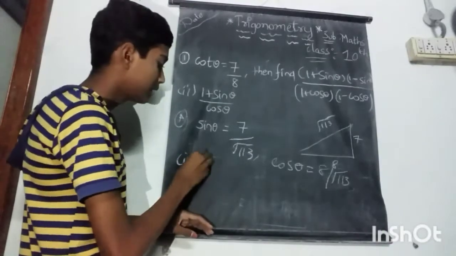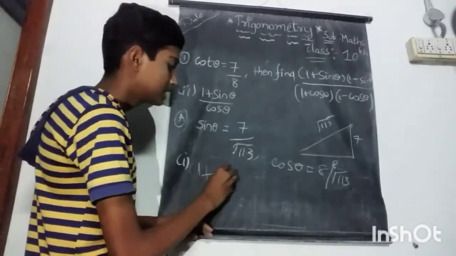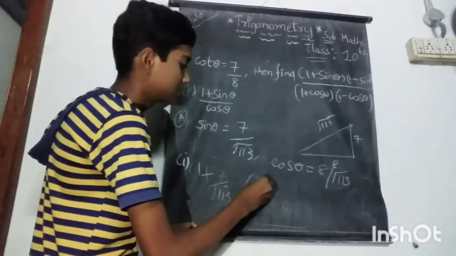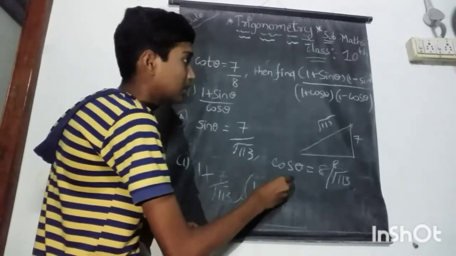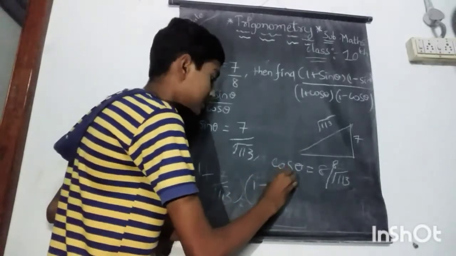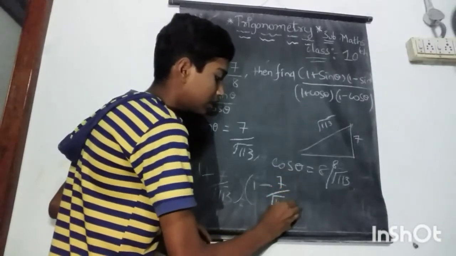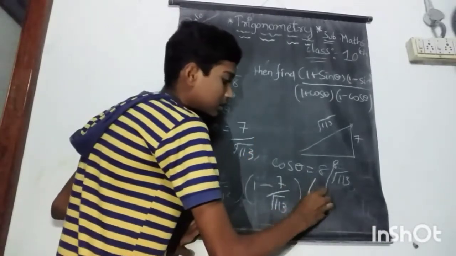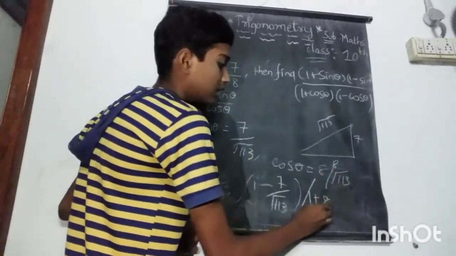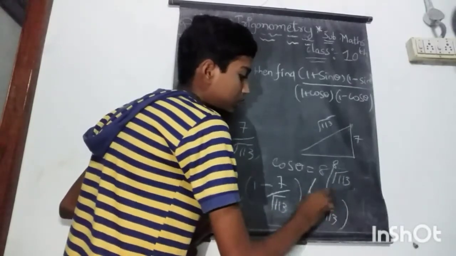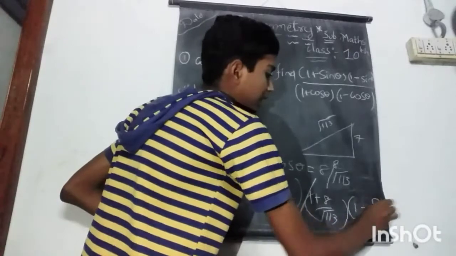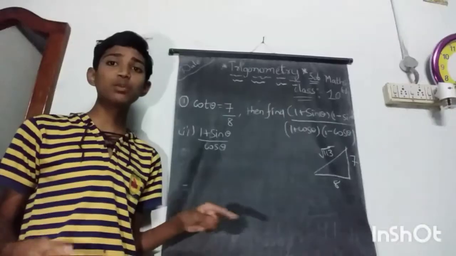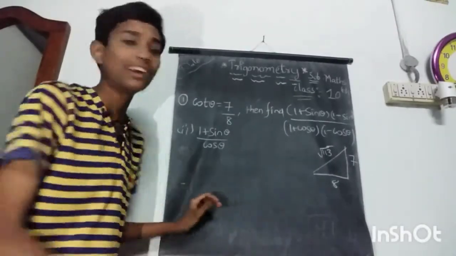First, 1 plus sin theta, value 7 by root over 113, into 1 minus 7 by root over 113, upon 1 plus 8 by root over 113 into 1 minus 8 by root over 113. This makes it most lengthy. Let us do it in a simple way. I will tell you.